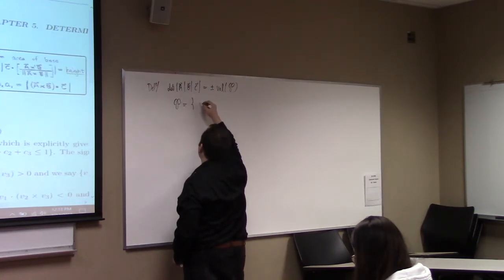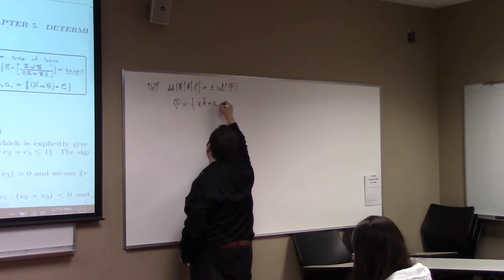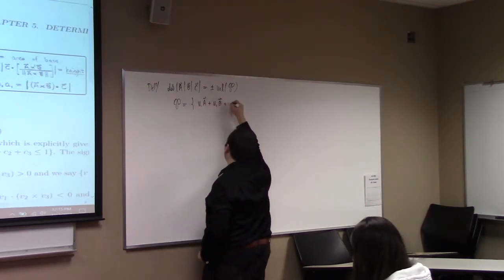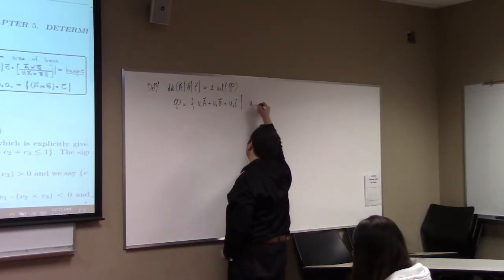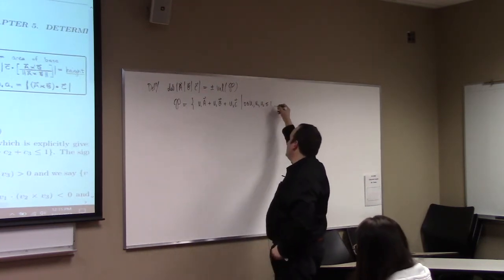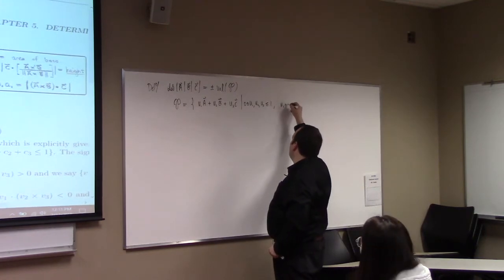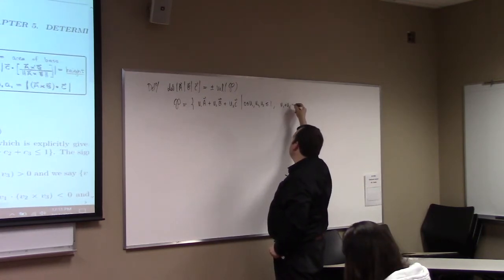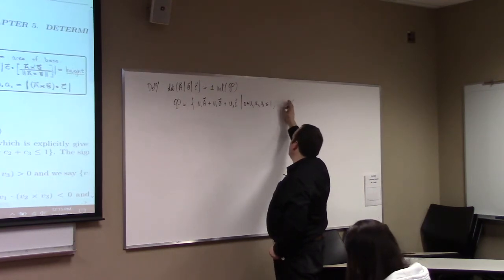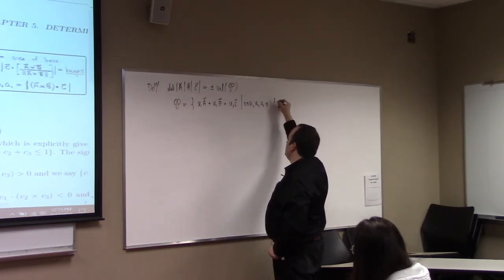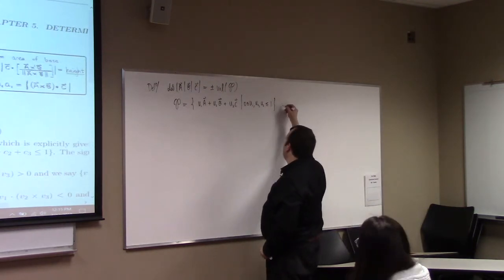It's the set of u1 A plus u2 B plus u3 C such that u1, u2, and u3 are positive constants, and they sum to 1 at most, basically. This is also called the convex hull.